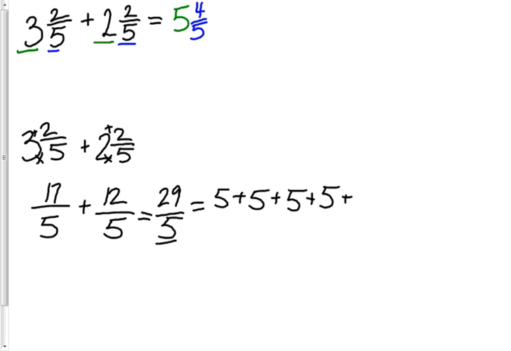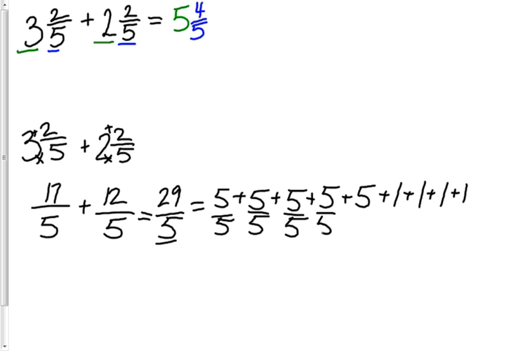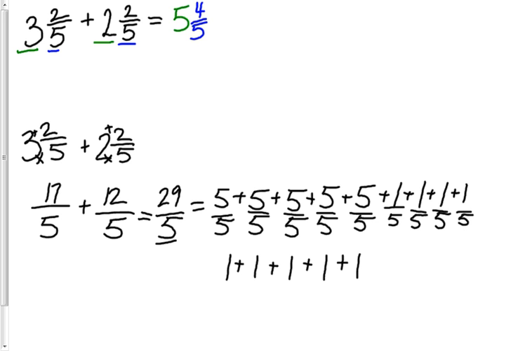So I'm going to back up, and I'm going to count up from 25. 26, 27, 28, 29. Okay? And all of these are out of 5. 5/5, 5/5, 5/5, 5/5. And we know all of those are equal to 1. And then I have 1, 2, 3, 4/5 left over.